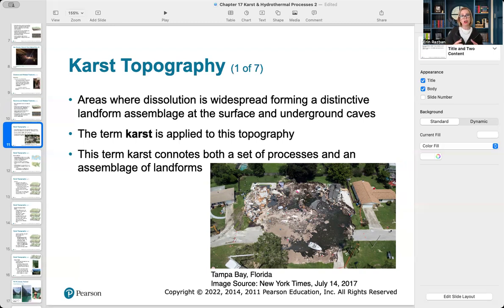Karst regions are characterized by a distinctive assembly of landforms. The most common feature is a sinkhole, and really the first feature that we see. Some places call the sinkhole a doline, a rounded depression formed by the dissolution of surface carbonate rocks.